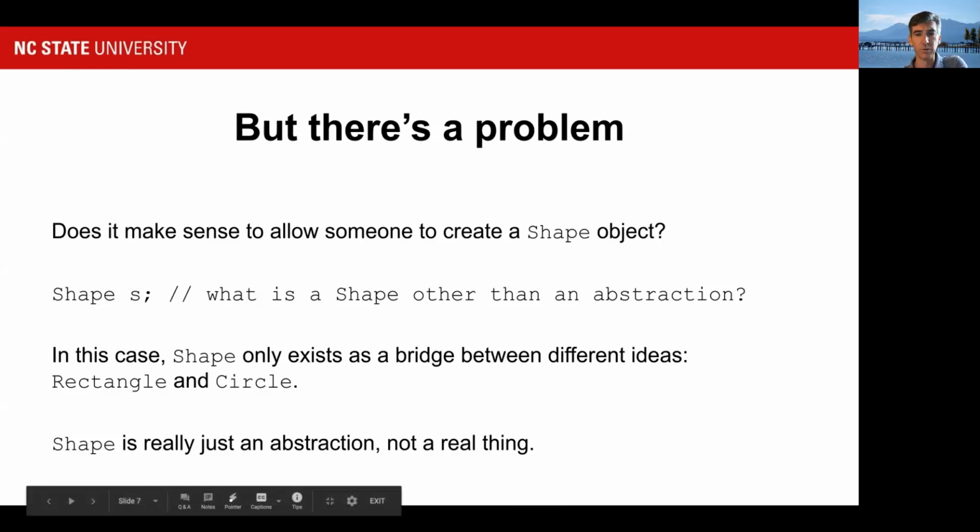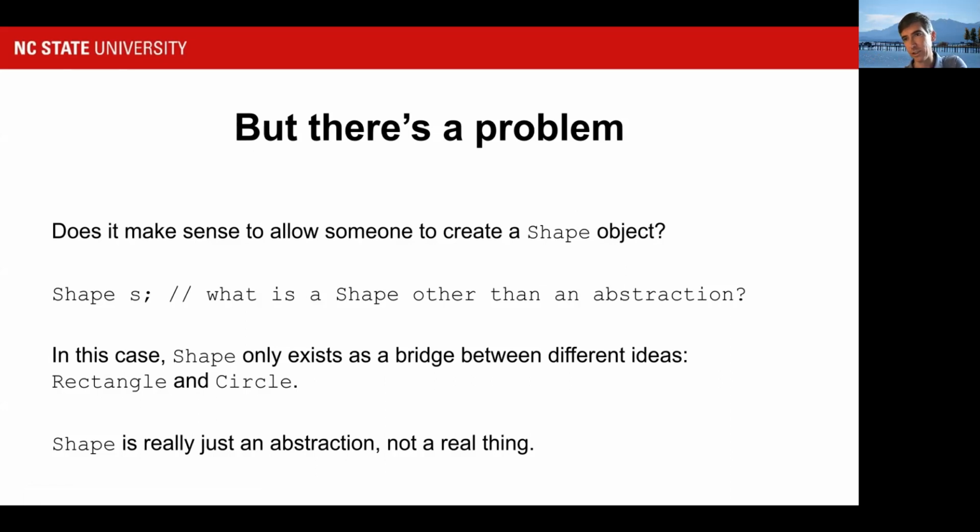And so having this class to just represent shape is weird in that regard. And we might like for programmers to understand that shape isn't something they should directly use. It's only something they should inherit from and derive from to make shapes that really are meaningful.